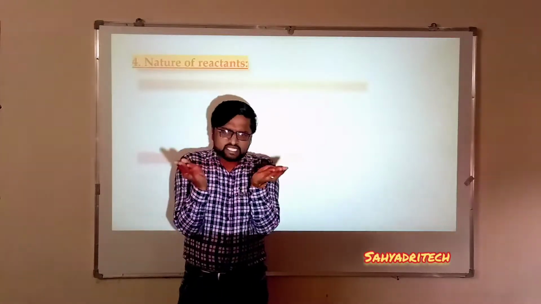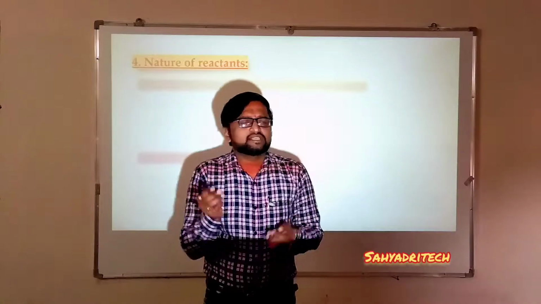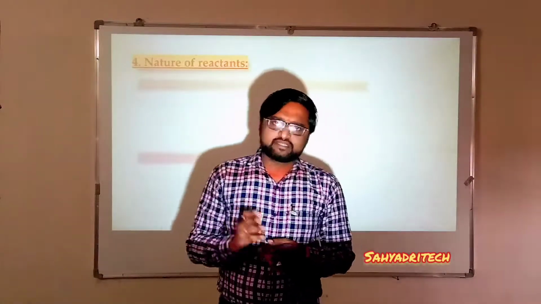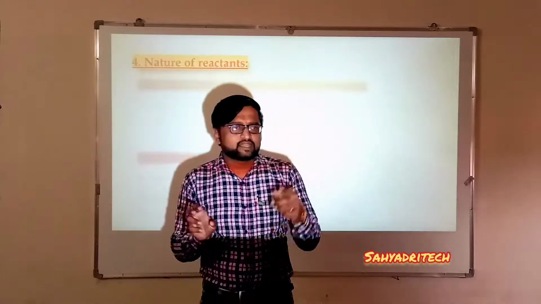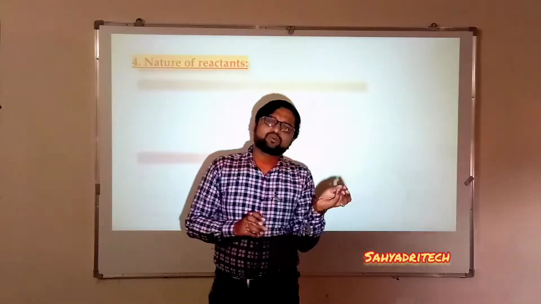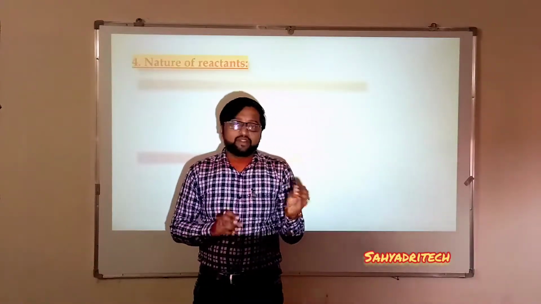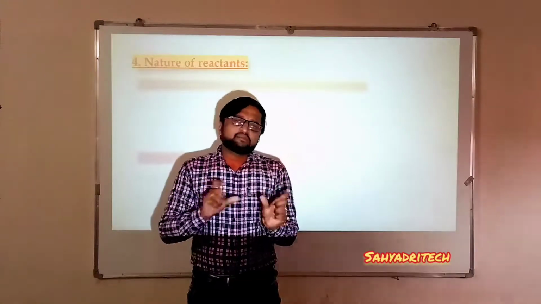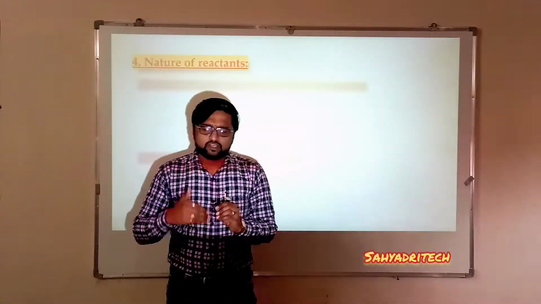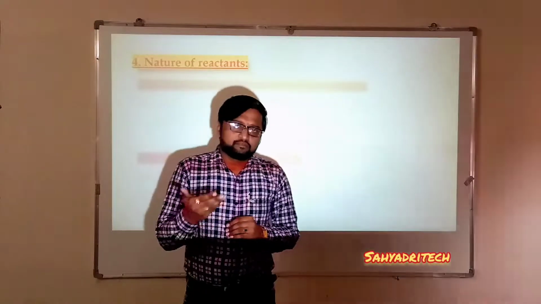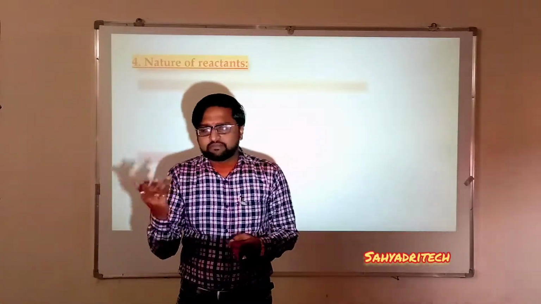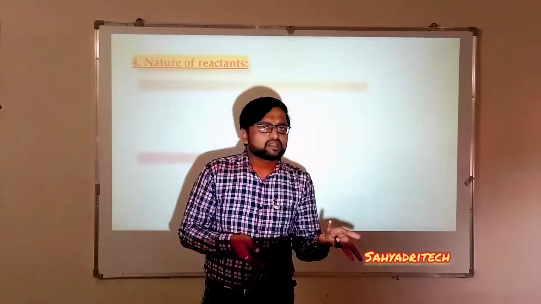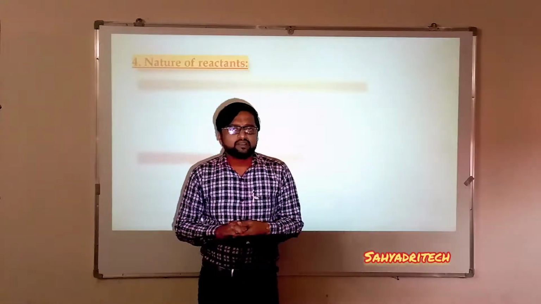Now, what is the basic difference between these? In the case of ionic reactants, there are ionic bonds involved. In the case of molecular species, there are molecular bonds involved. Well, during a chemical reaction, what happens? There will be breaking and making of bonds, either ionic or molecular bonds, that is covalent bonds.